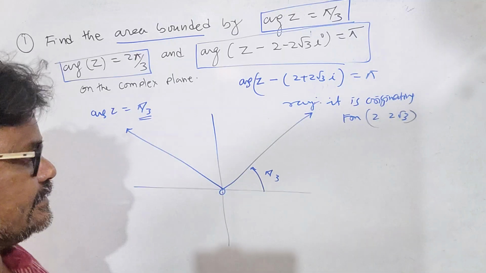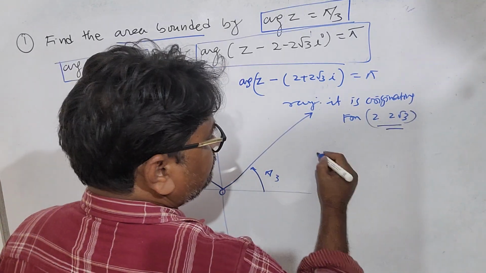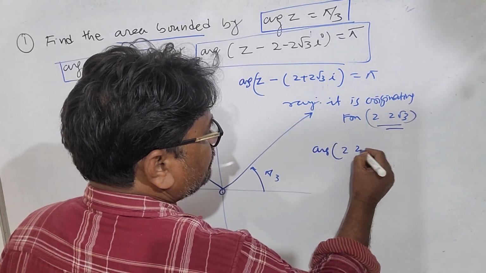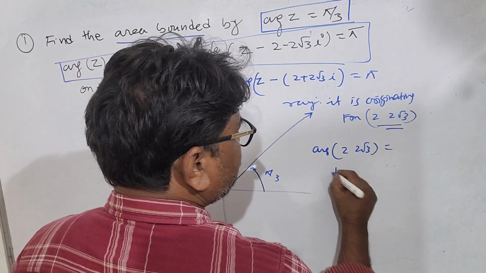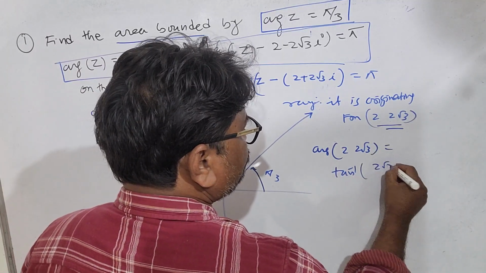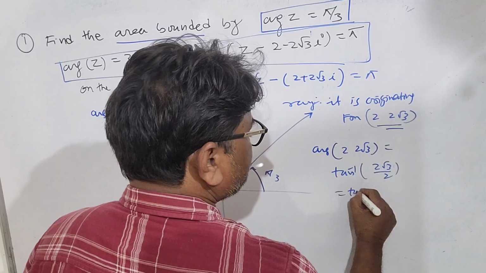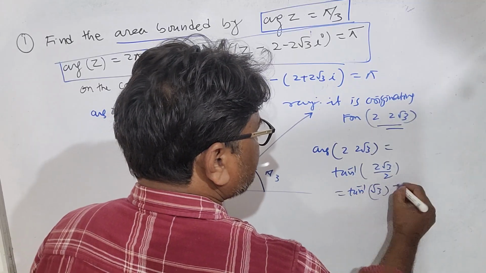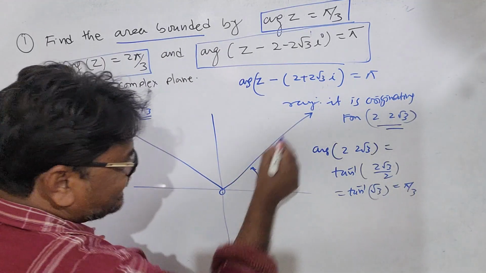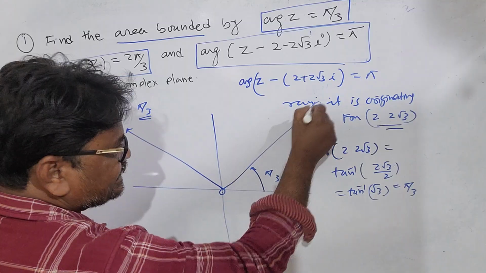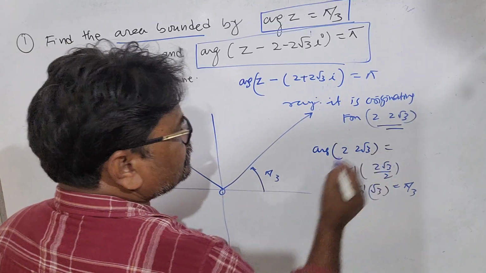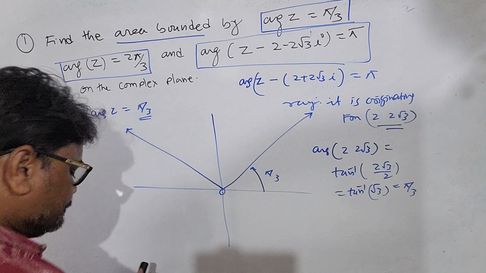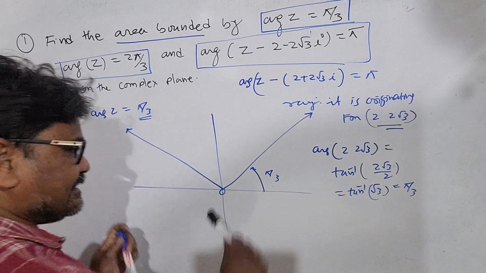Now look here. If this is a complex number, the argument of (2, 2 root 3) lying in the first quadrant is given by tan inverse of 2 root 3 by 2, that is equal to tan inverse of root 3, and that is equal to pi by 3. And the argument of this ray is pi by 3, therefore (2, 2 root 3) will lie on this ray.